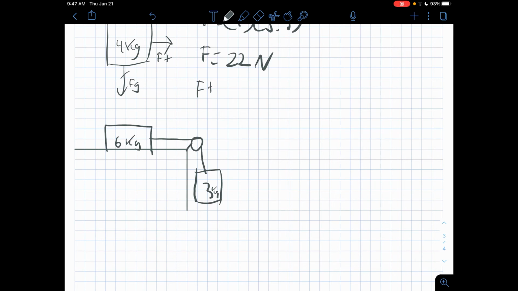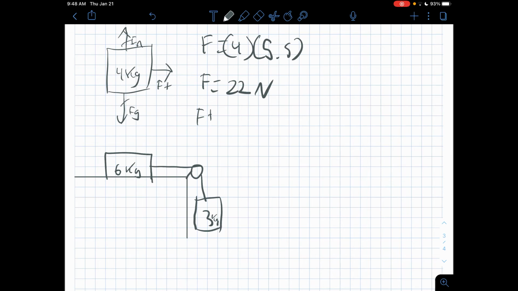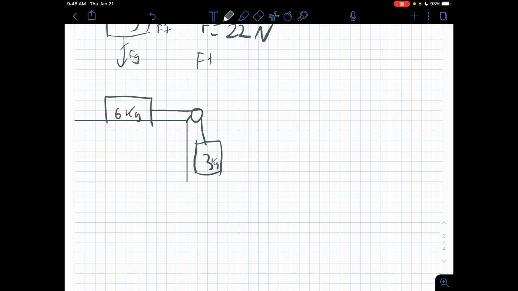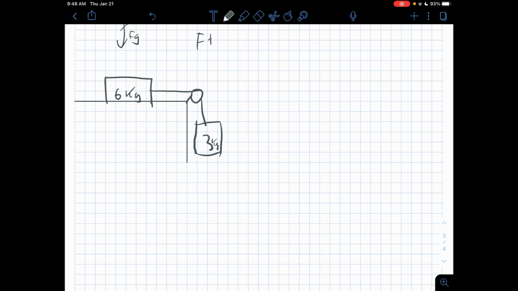So what we want to do is calculate the acceleration of the whole system and the force tension on both of these boxes. And as you just figured out, the force tension of one of them is going to be equal to the force tension of the other. We'll start by finding out what forces are acting on each box, which is where we draw our free body diagram.